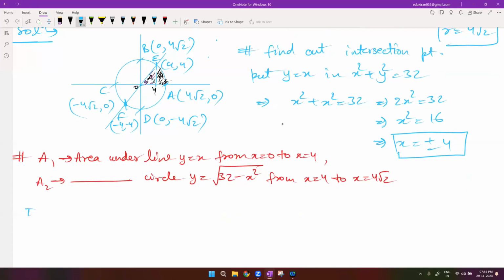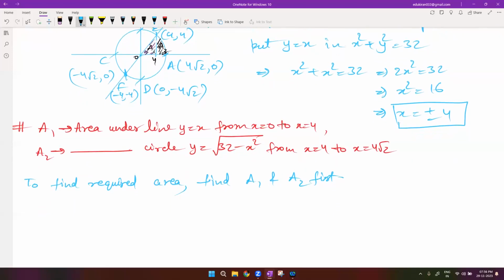So to find the required area, find A1 and A2 first. If you are able to find A1 and A2, then you will find the required area. Hence the required area will be A1 plus A2.